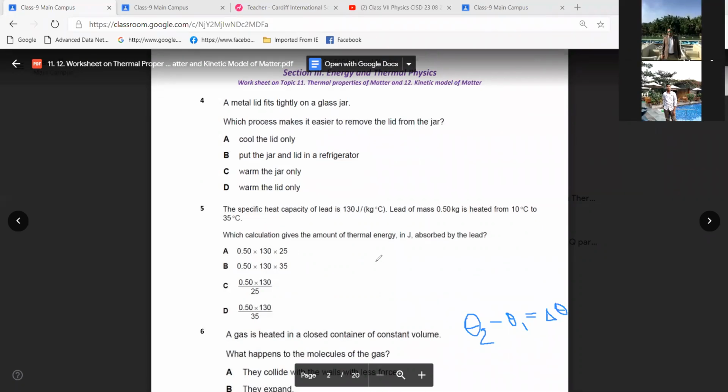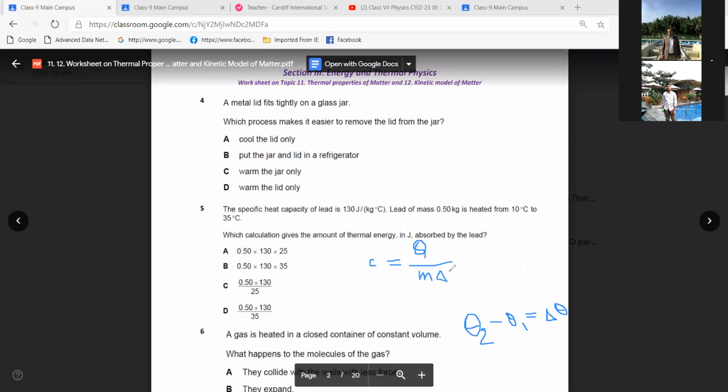You have here small c equals q divided by m del theta, right? Yes, sir.